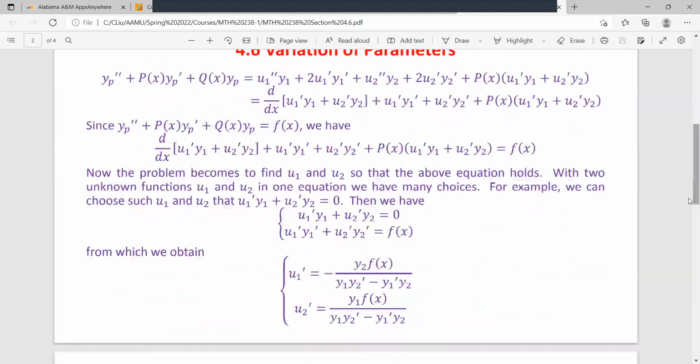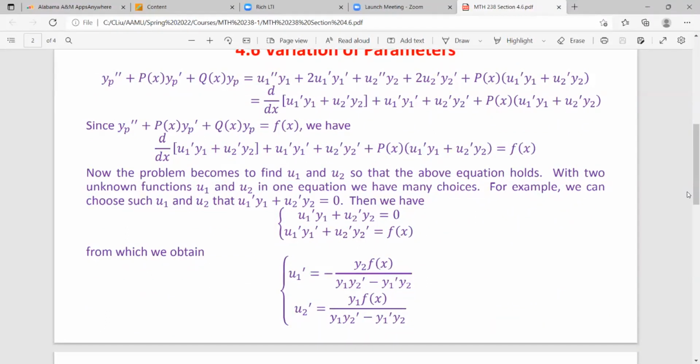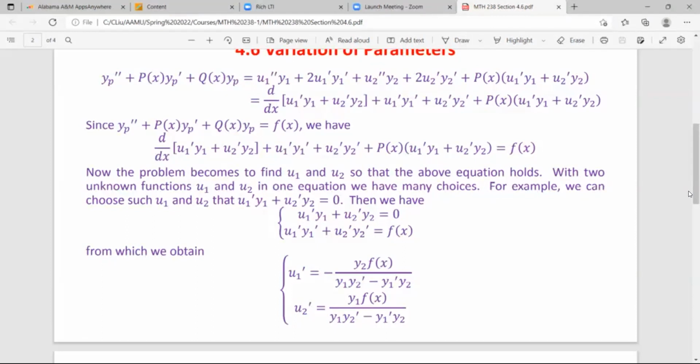So this is still a hard equation to solve. We got u1 and u2 to solve from this one equation. We know y1 and y2 are two linearly independent solutions of the associated homogeneous equation. So y1 and y2 are given. But we still have two functions, u1 and u2, to solve from this differential equation.